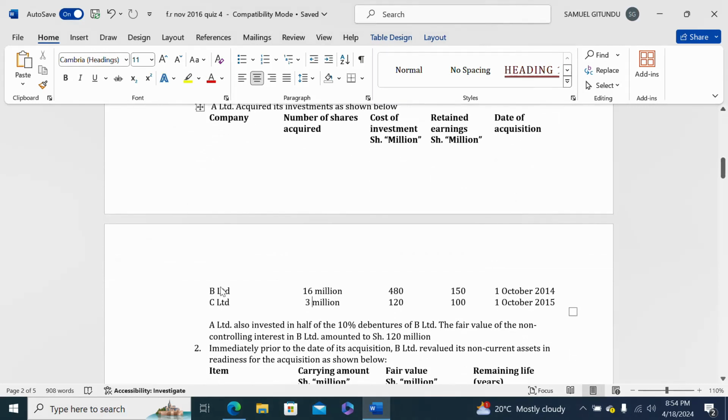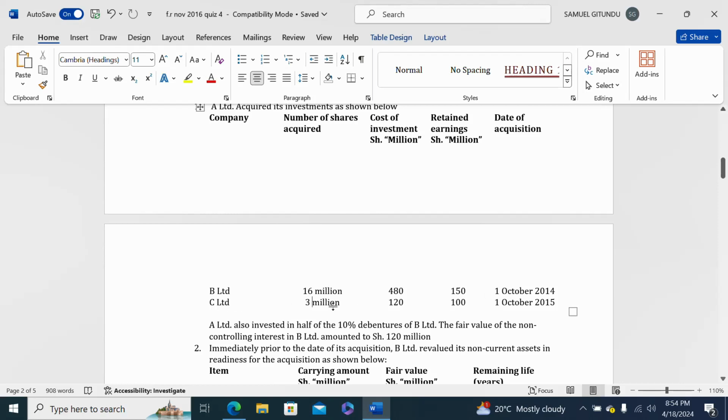It acquired B Limited, 16 million shares. The cost of investment was 480 million, and the retained earnings at that time was 150 million, and it was acquired on 1st October 2014.